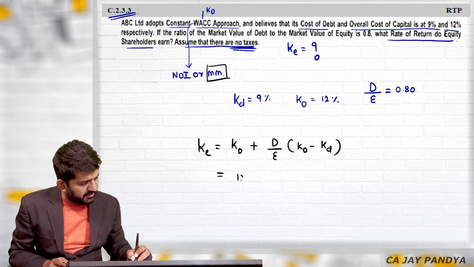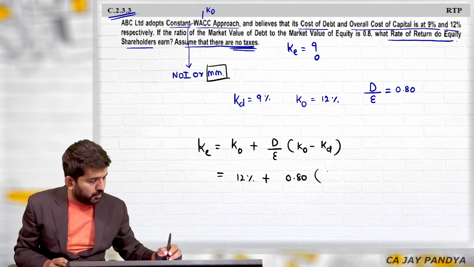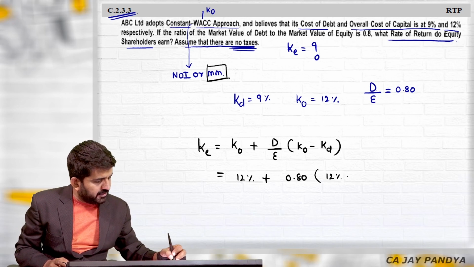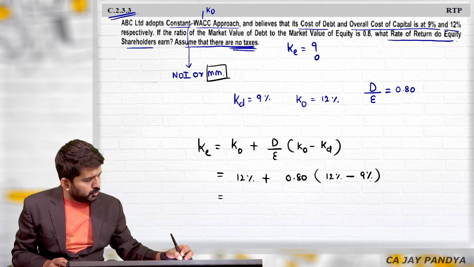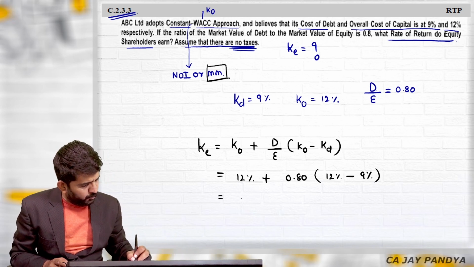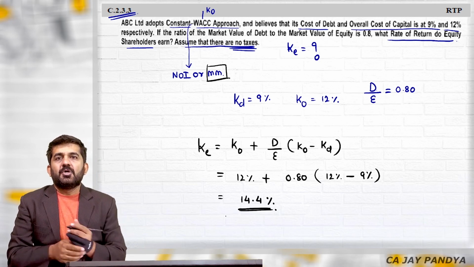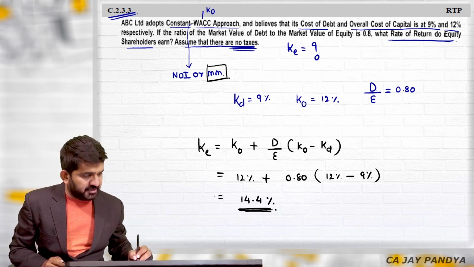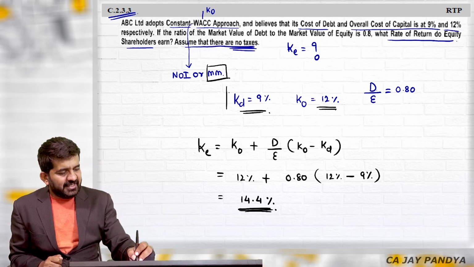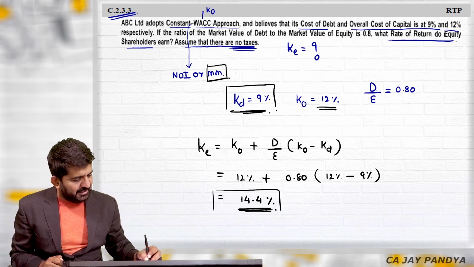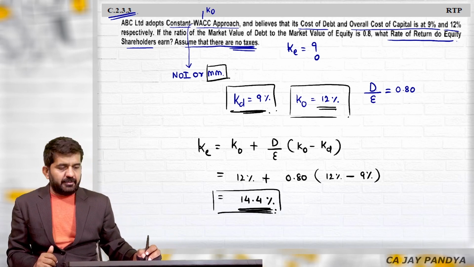What is KO in this case? 12%. What is debt upon equity? 0.80. KO minus KD is 12% minus 9%, so this is 2.4, which will be 14.4%. KE is 14.4%, KO is 12%, KD is 9%. So the weighted average cost of capital will be 12%.